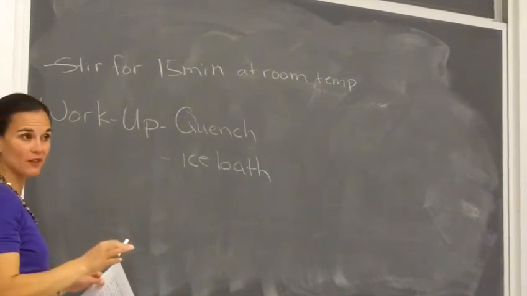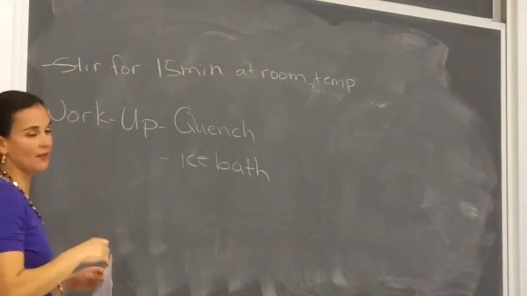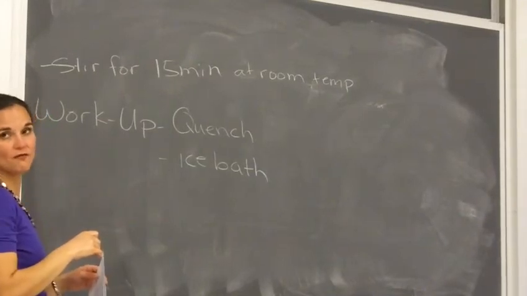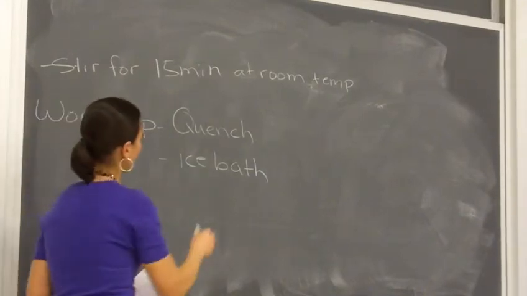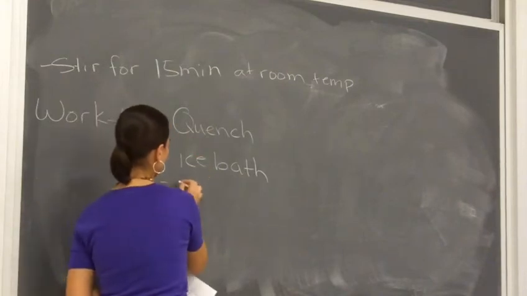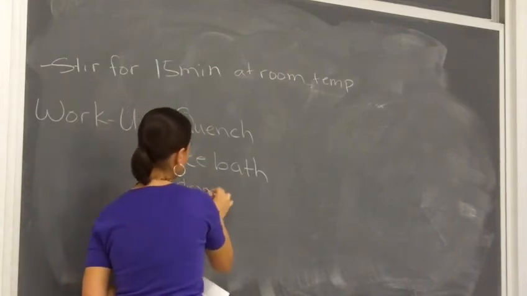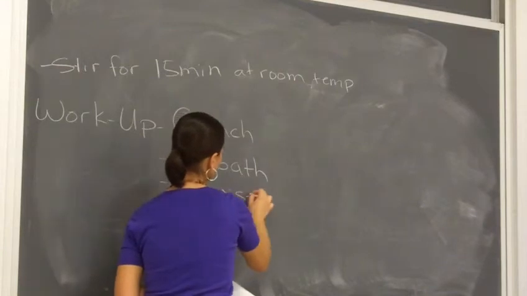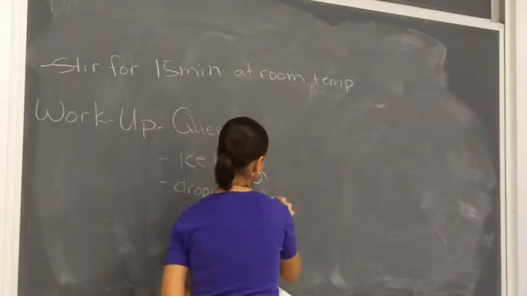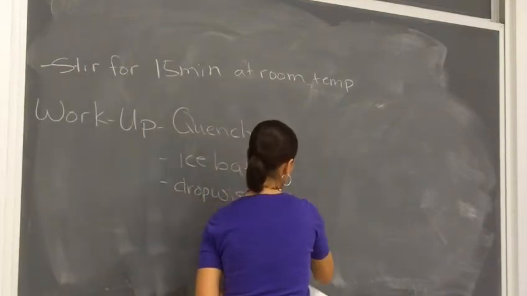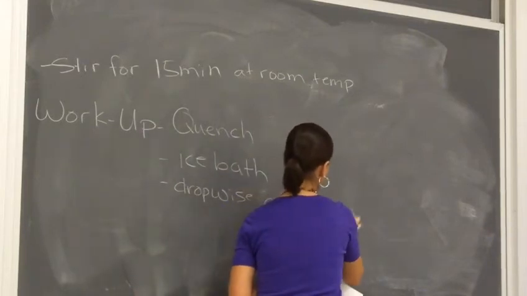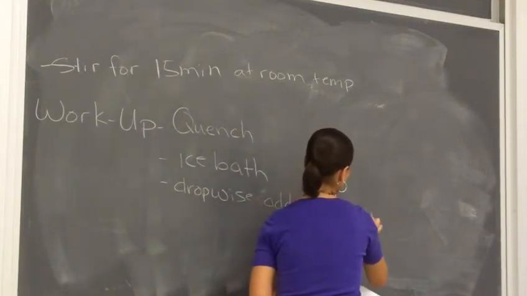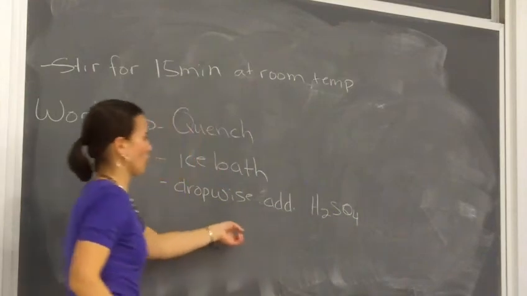We don't want any reflux because we don't want it so hot that you're actually making the alkene after you form your alcohol. Okay, so you want an ice bath, and again, you're going to add dropwise addition of your H2SO4 mixture that you're going to make up.